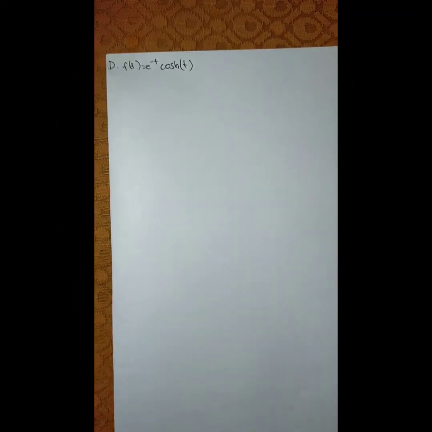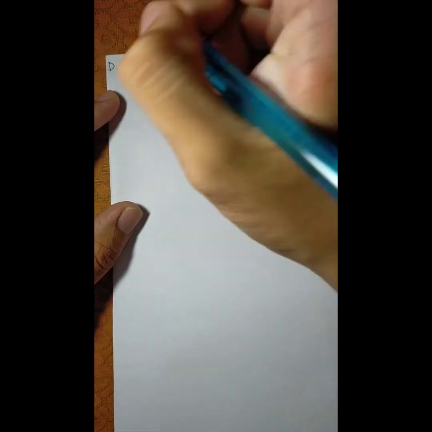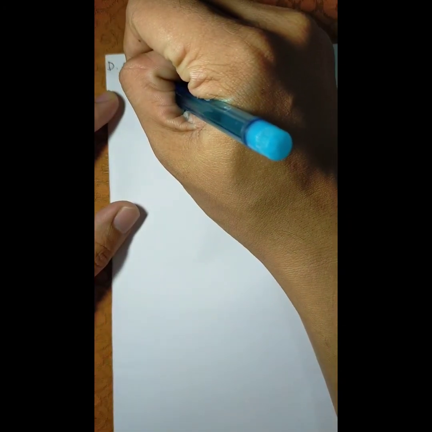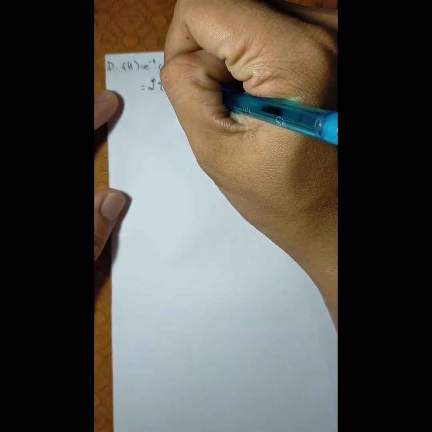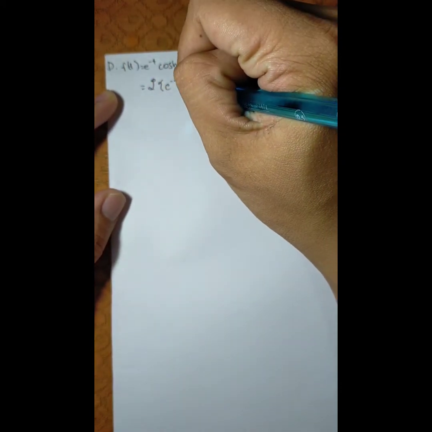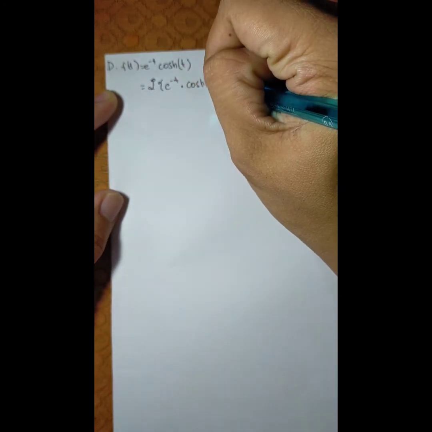On letter D, we have f of t is equal to e raised to negative t times hyperbolic cosine of t. So we have Laplace of e raised to negative t times hyperbolic cosine of t.